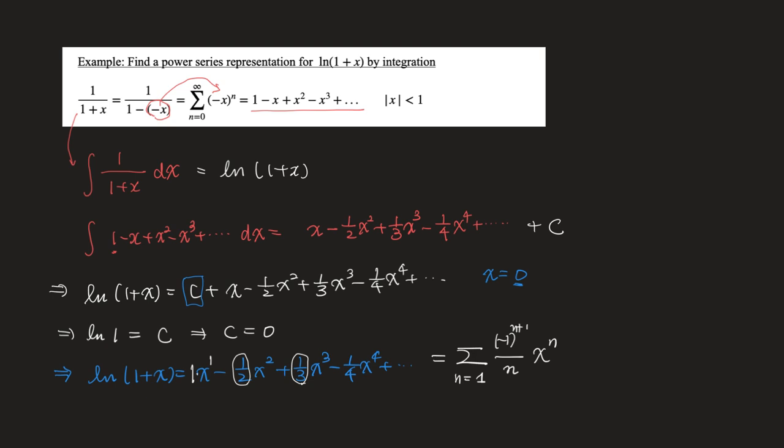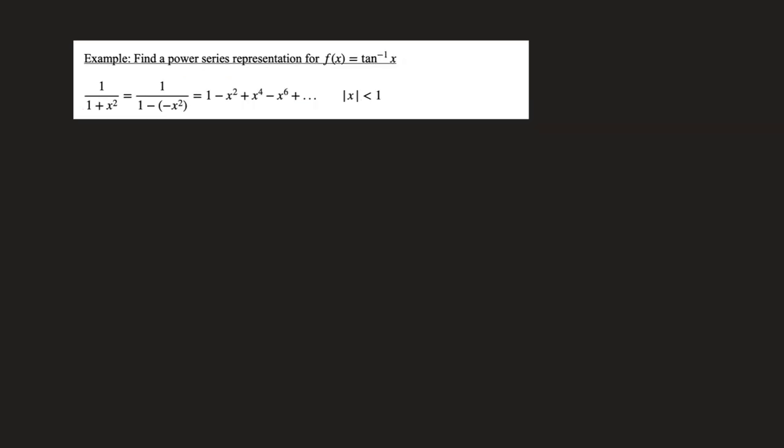We're going to do one more example of power series. Let's find the power series of arctangent. I give the derivative of arctangent to start with: the derivative of arctangent is 1 over 1 plus x squared.